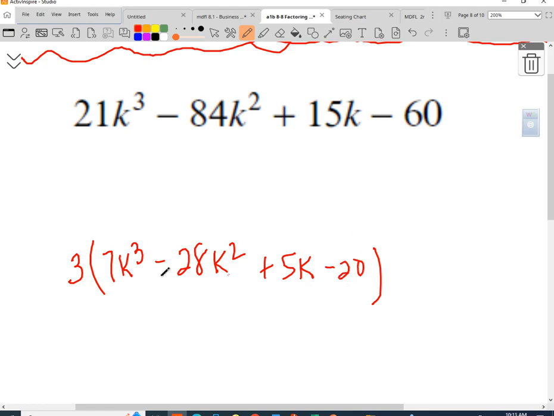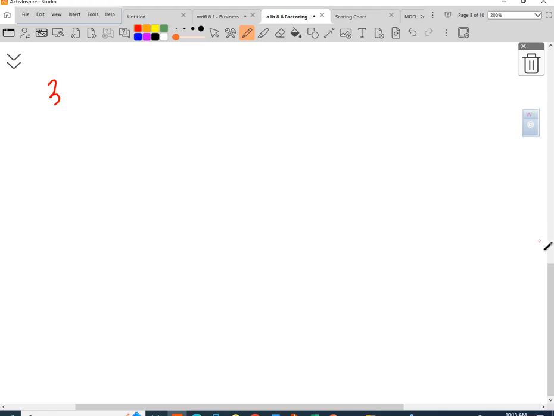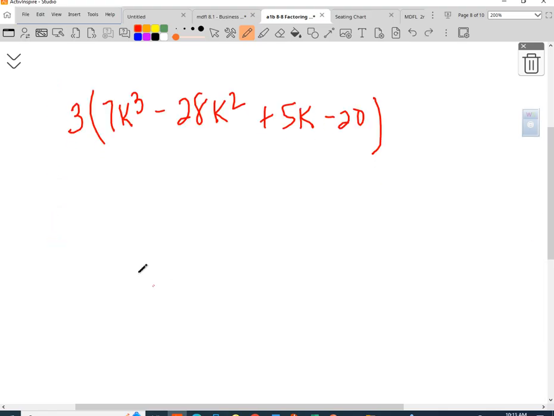So I have to rewrite this expression without the greatest common factor. This is a 4-term polynomial, and we should be able to factor it. But when we pull out a greatest common factor, that is going to be part of our answer, but we're not going to mess with that anymore for right now.